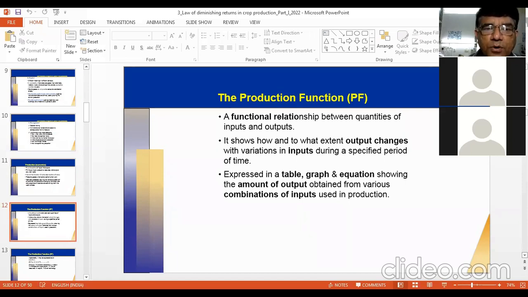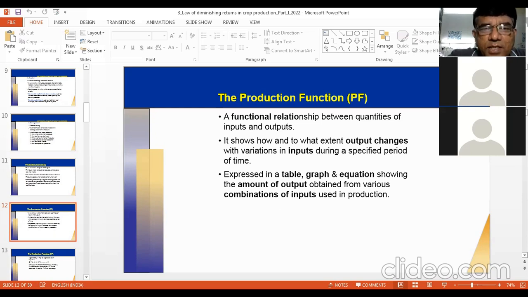It shows how and to what extent output changes with variations in inputs during a specified period of time. You can express the functional relationship between input and output in the form of a table, a graph, or equations, showing the amount of output obtained from various combinations of inputs used in production.